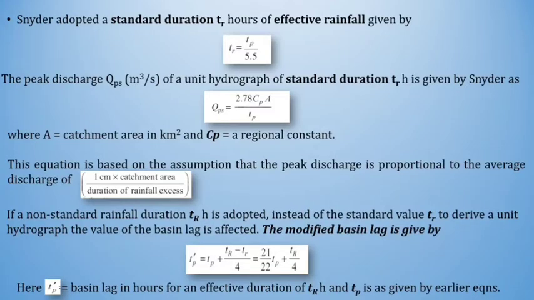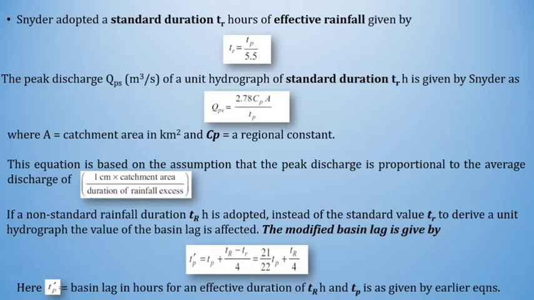Snyder adopted a standard duration tr hours, T suffix small r hours, of effective rainfall given by tr is equal to Tp upon 5.5. That is, the standard duration of effective rainfall is equal to basin lag Tp upon 5.5.